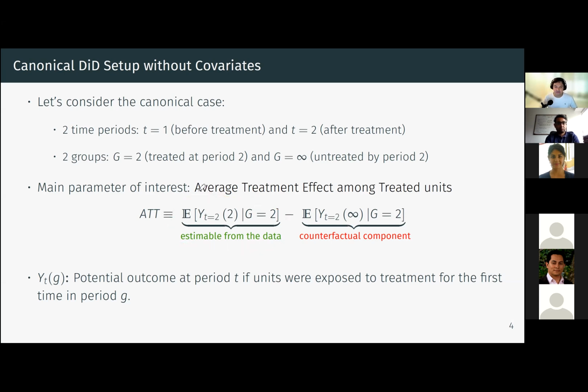If I have infinite data and observe the whole population, I can estimate this first component. The name of the game that we're going to play in DID is how to get the second component, because no matter how much data I have, among units who are actually exposed to treatment, I never observe their untreated outcome.